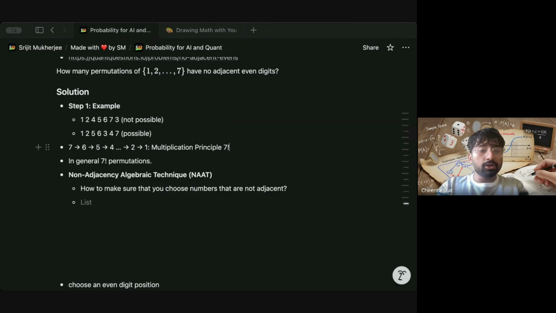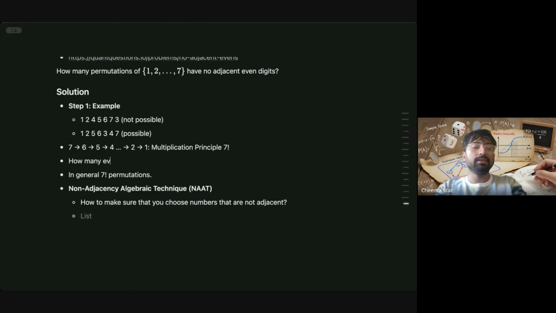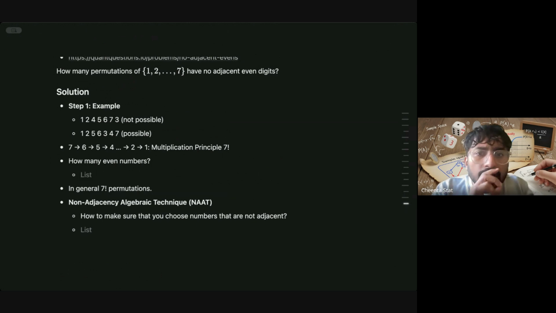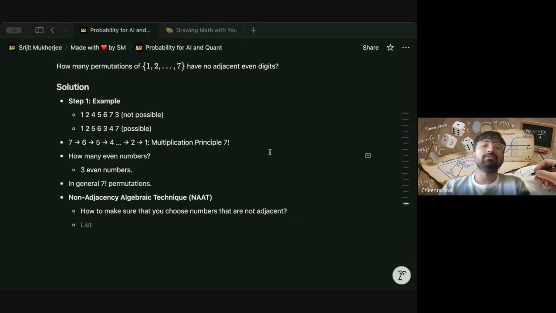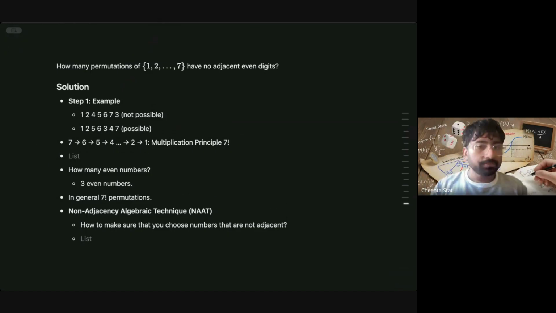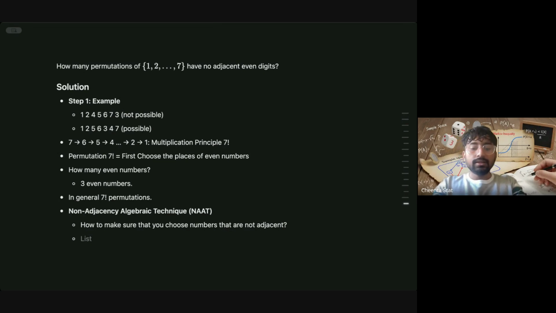One important thing to note here: how many even numbers are there? There are 2, 4 and 6, 3 even numbers, right? So how should you place the even numbers? Observe this very carefully, guys. How can you count this factorial? Out of these 7 places, you can also count the 7 factorial permutations in this way. First choose the places of the even numbers, then permute them.